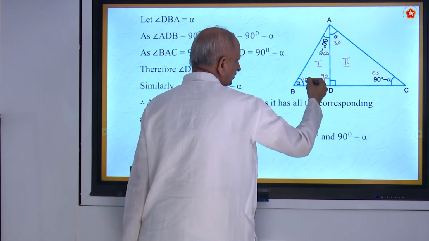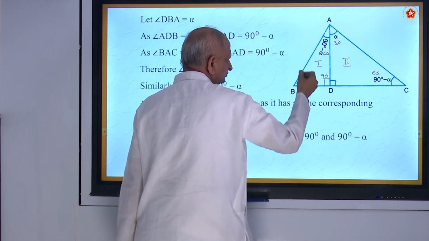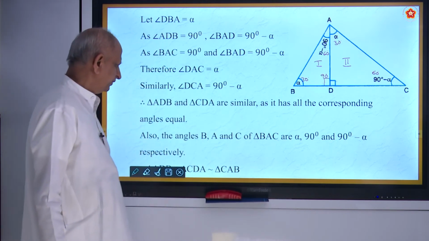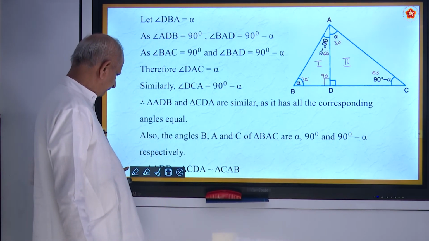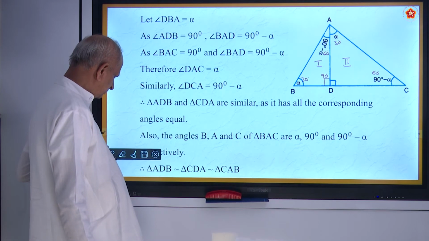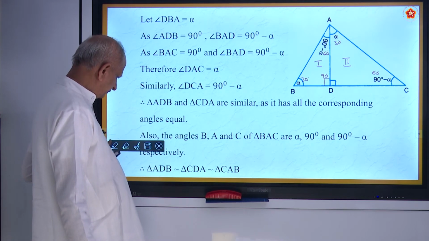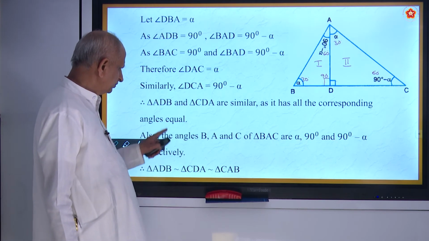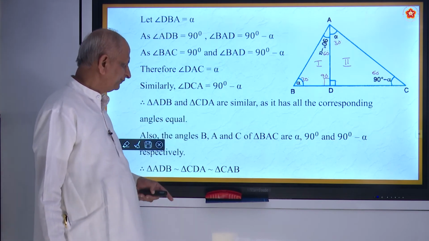These two are alpha. This is 90 minus alpha. So corresponding angles are equal. Therefore, we can say they are similar. Triangle ADB is similar to triangle ACD.